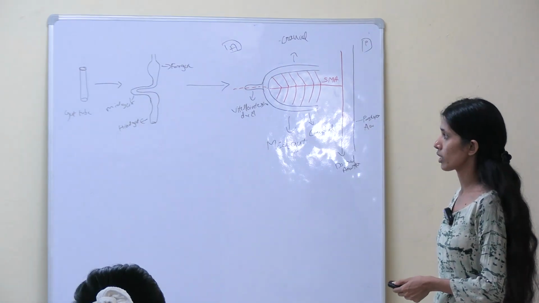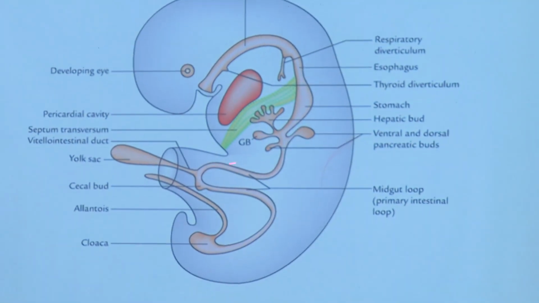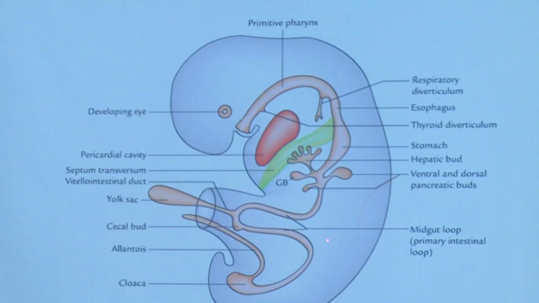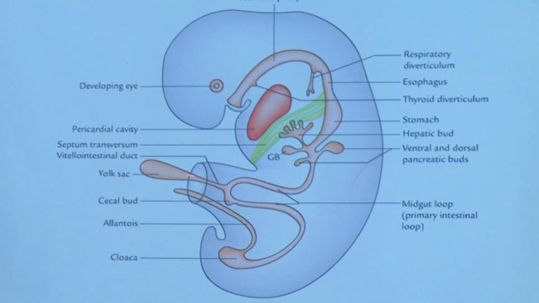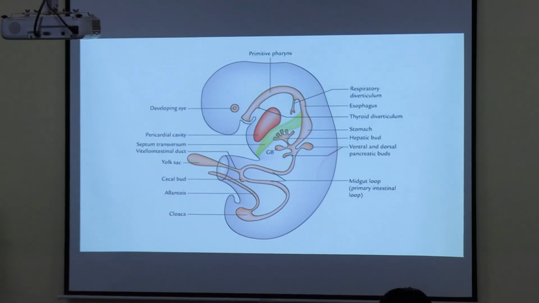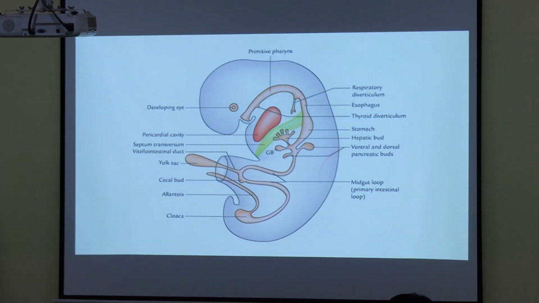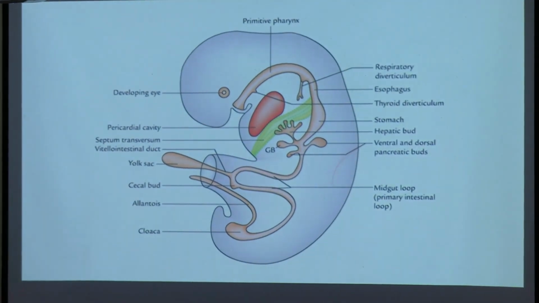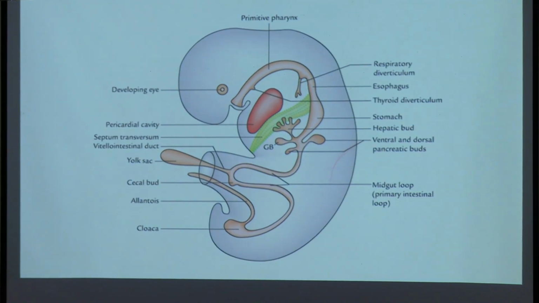Okay. You can see here, this is your midgut loop. This loop is divided into two by your superior mesenteric artery. The part above the superior mesenteric artery is called the cranial part and the part below the superior mesenteric artery is called the caudal part.